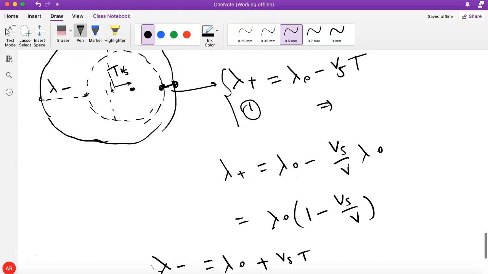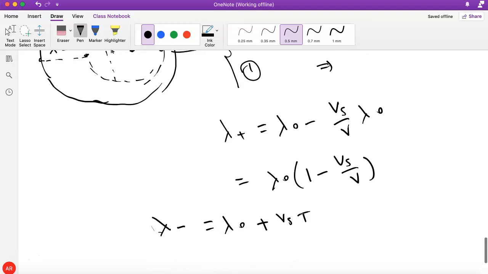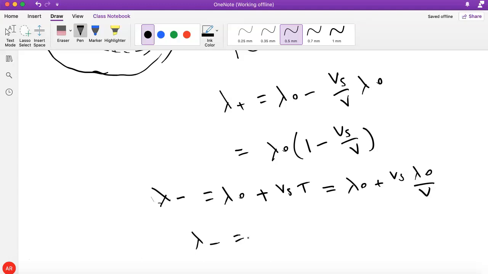So if that circle is shifted forward, it adds to the separation between wavefronts. So that's going to be lambda naught plus Vs lambda naught over V. So we find lambda minus is lambda naught times 1 plus Vs over V.